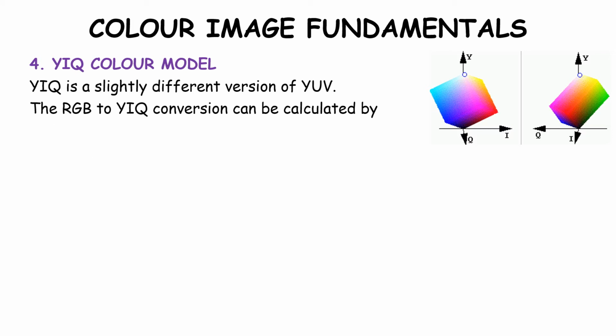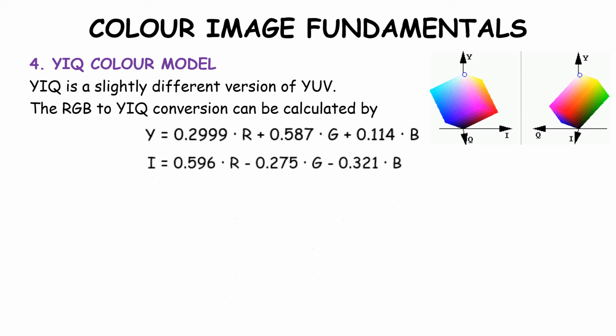Here Y is the luminance component just as in YUV, and I and Q correspond to U and V of the YUV color system. So the RGB to YIQ conversion can be calculated by Y is equal to 0.299 into R plus 0.587 into G plus 0.114 into B, and I is equal to 0.596 into R minus 0.275 into G minus 0.321 into B, and the last is Q is equal to 0.212 into R minus 0.523 into G plus 0.311 into B.